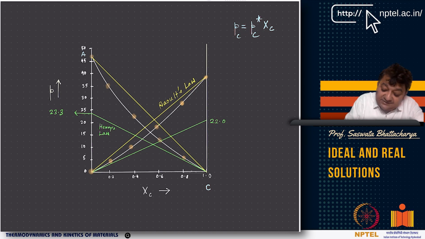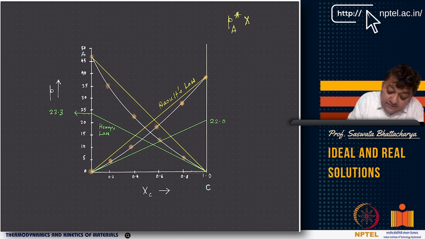Similarly, if I look at Raoult's law for component A, I can write PA equals PA star XA, which is PA star times 1 minus XC.